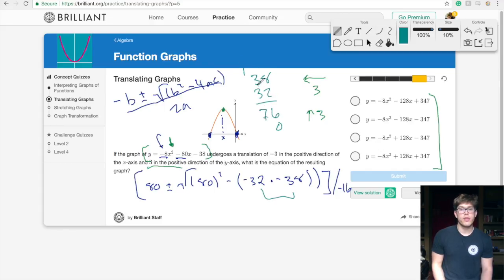Put your 0. 3 times 8 is 24, put a 4, carry your 2. 3 times 3 is 9, plus 2 is 11. Add it up, 6, 4 plus 7 is 11. 1 plus 1 is 2, 1. So we have 1216, and 80 squared is 6400. So we have 6400 minus 1216. Bottom number is bigger, so you borrow.